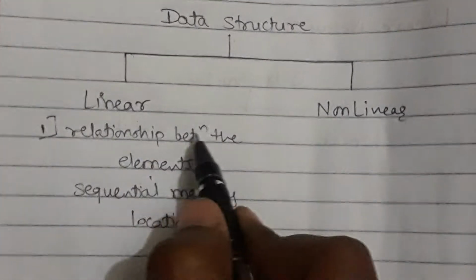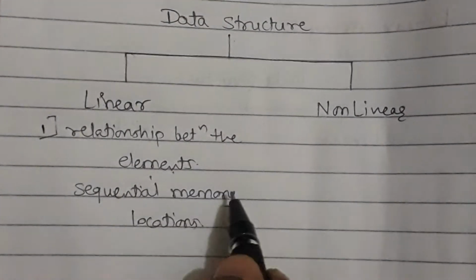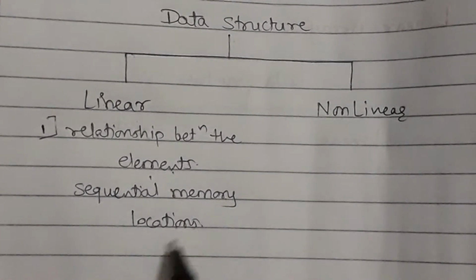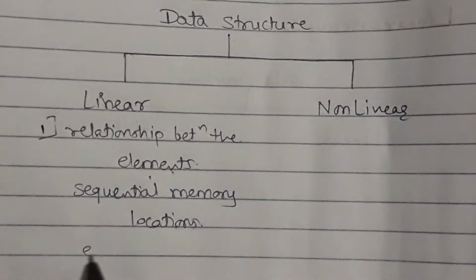So this linear relationship between the elements is represented by sequential memory locations, and these linear structures are called arrays.